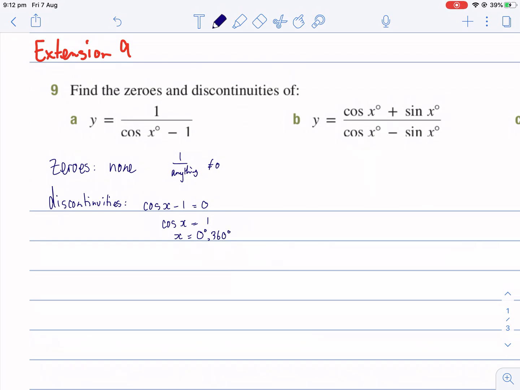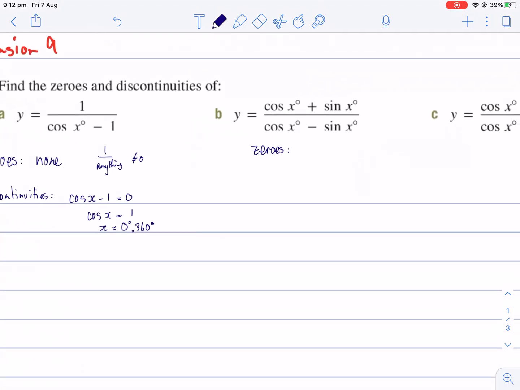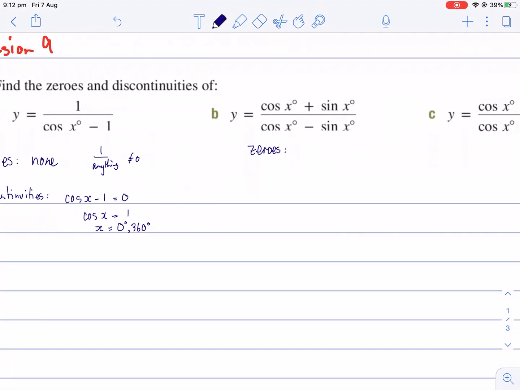Okay, zeros. Zeros is when the whole thing comes out of 0. This one can come out of 0 if the top equals 0. Cos x plus sine x equals 0. Cos x equals minus sine x. So that's going to happen at 135 degrees and 315 degrees.